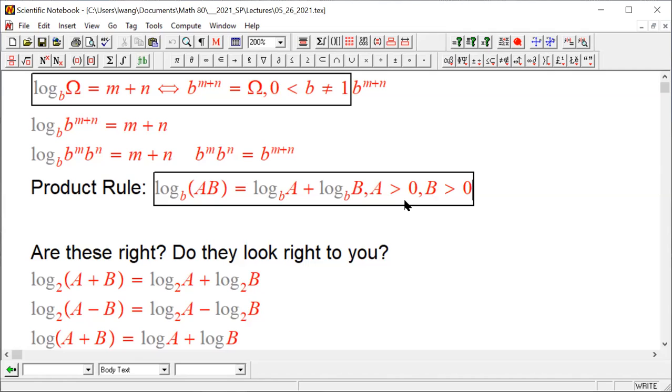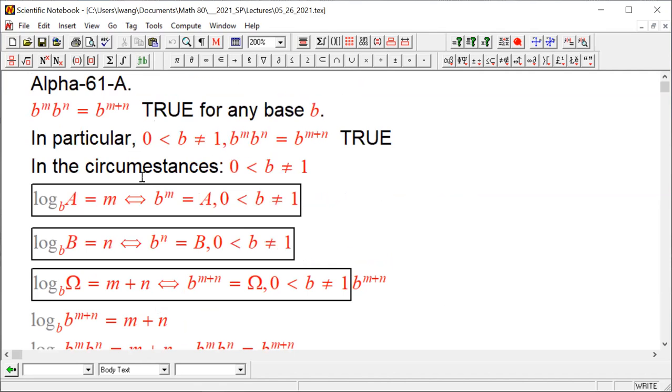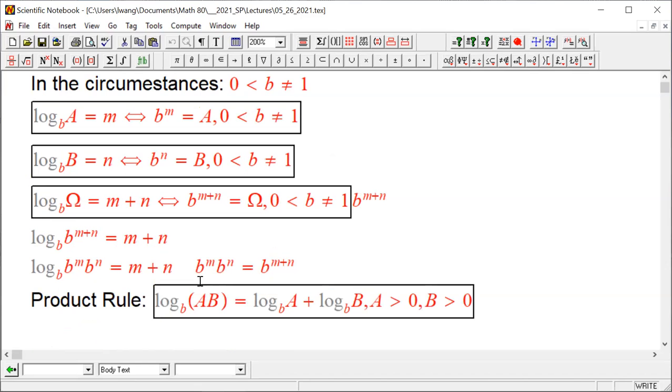Make sure we are in the domain. You follow me? So using that property combined with the definition, we get this product rule.